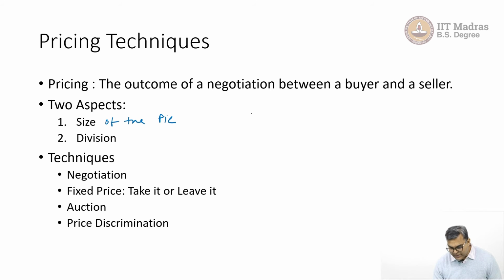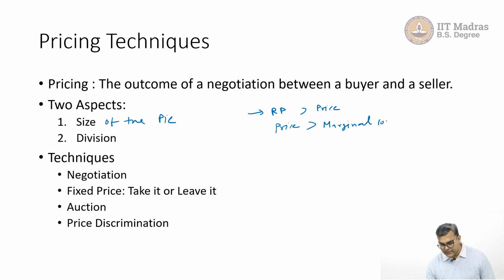Think about the buyer being interested in buying because the buyer's reservation price is greater than the market price of that product. And why is the seller willing to sell? Because the seller's additional cost for that item, so I can say marginal cost, is less than the price.